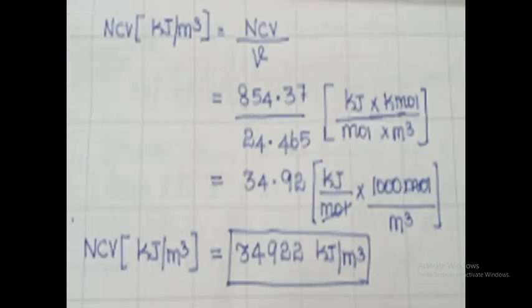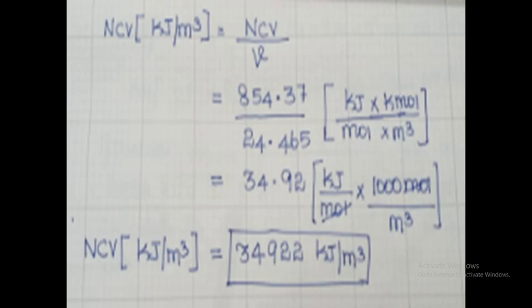Okay. Next one, NCV. NCV calculated in terms of volume basis. So the NCV in terms of kilojoule per metric cube. The formula is NCV in mole basis divided by specific volume. The NCV in terms of mole basis is the calculated value.